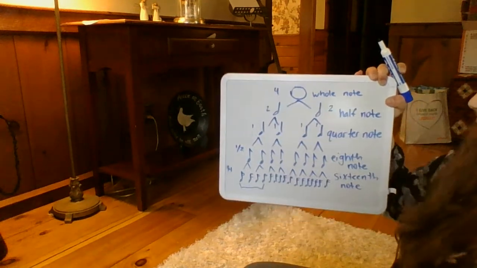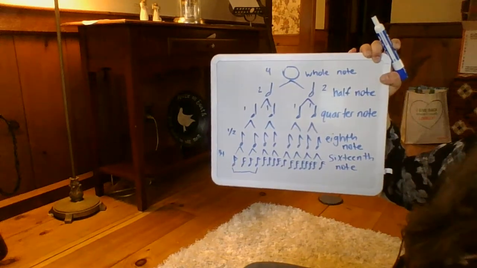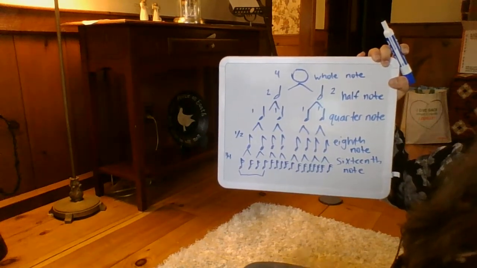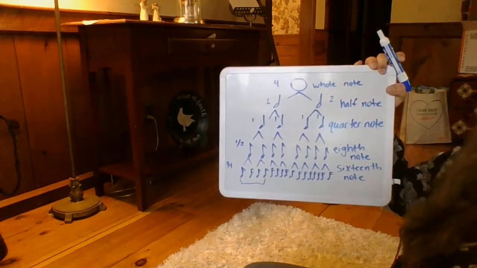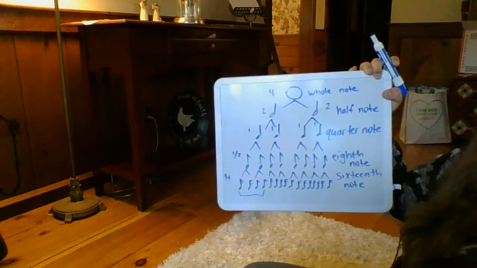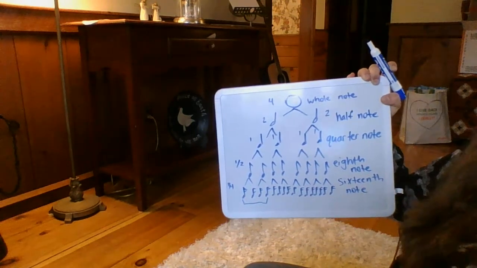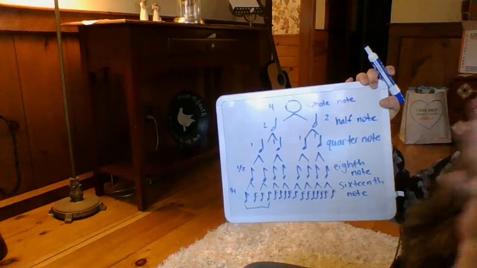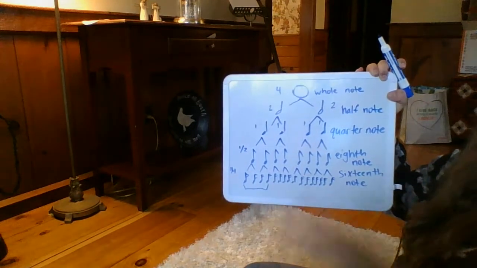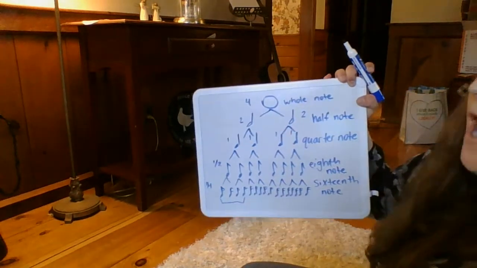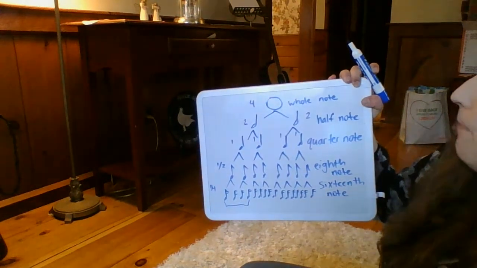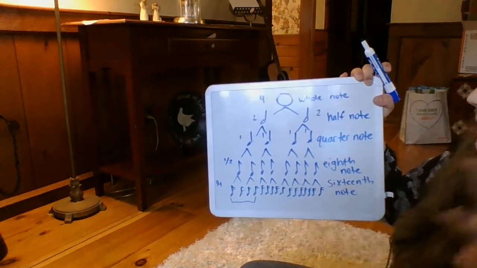Now I'm going to sing the 8th note measure to you. There are 8 eighth notes instead of 4. That would sound like this on ba. 1, 2, ready, go. Ba, ba, ba, ba, ba, ba, ba, ba. That was 8 eighth notes.